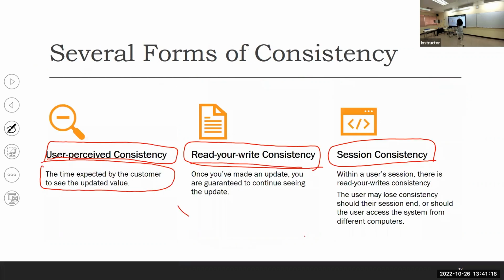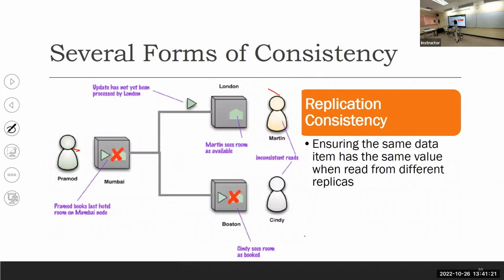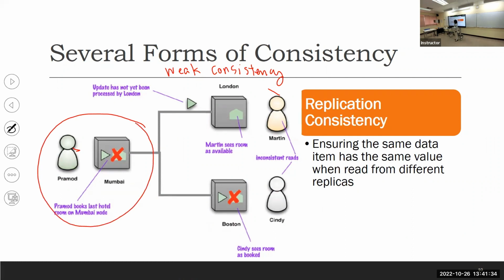So it means this can happen. Once an update has been made, there may be a certain inconsistency window time for the other nodes to see the change. For all nodes to see the change you have made, it would take some time with weak consistency.